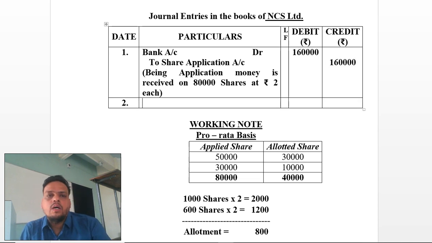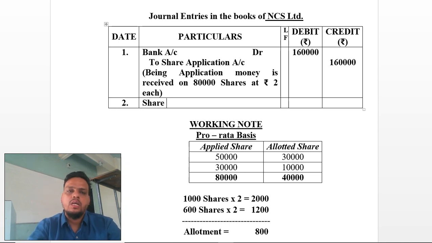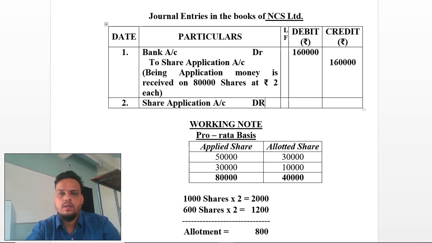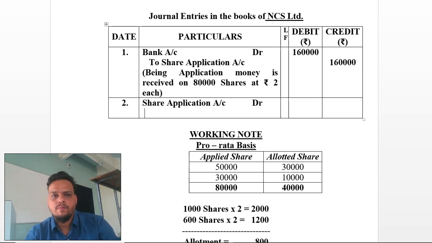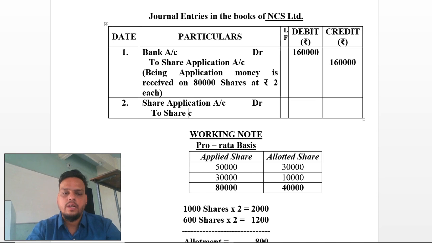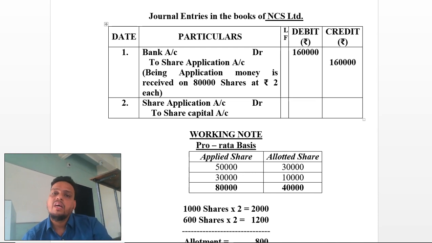Now we are going to transfer this share application to share capital. Let's begin with the share application account debit to share capital account, but we have to adjust only 40,000 shares for share application.